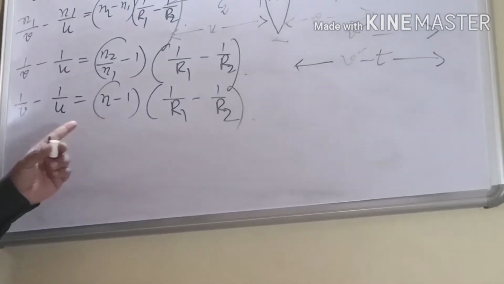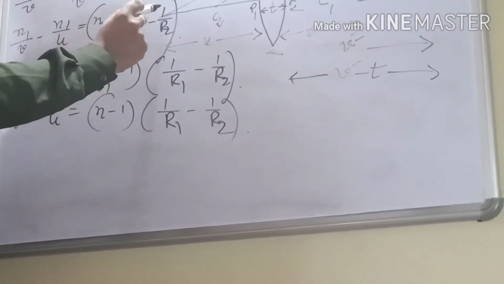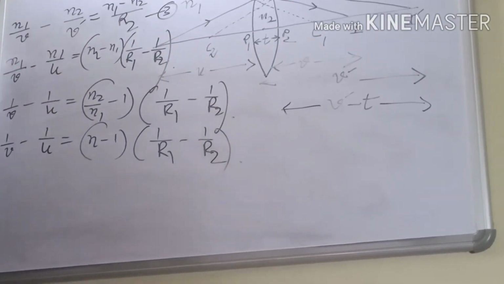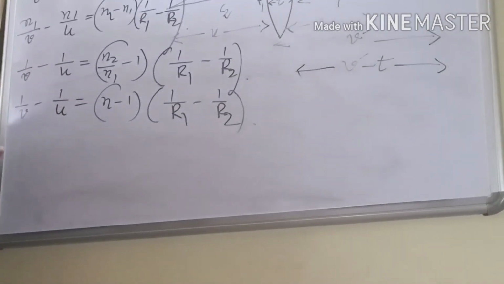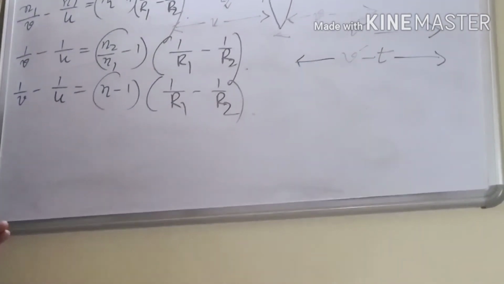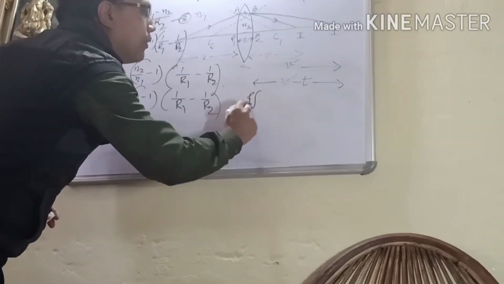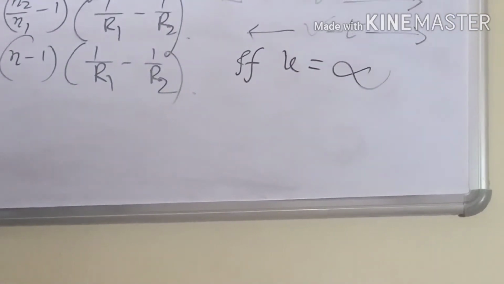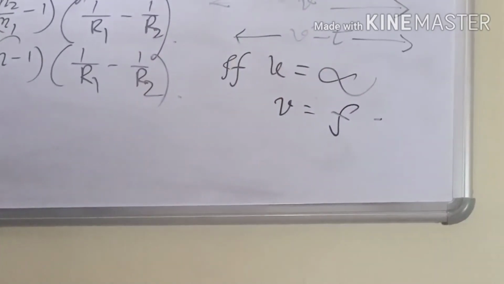Now here we will be considering one special case. Special case means when the object is at infinity. That means when the object is very far away, then what happens? The image will be formed at the focal point or the focal plane. This you have done in the lower classes. So let us apply that assumption that if the object is at infinity, then the image will be formed at focus.